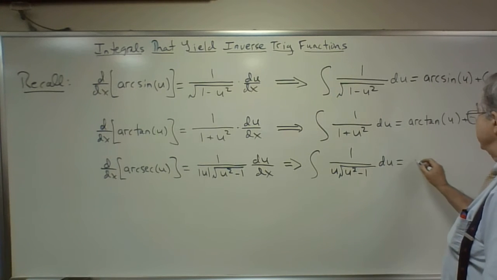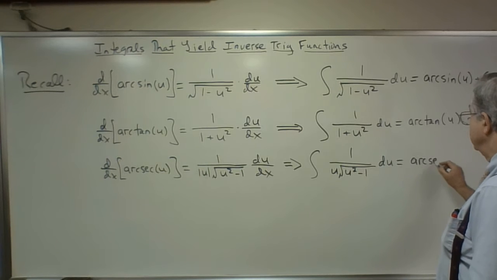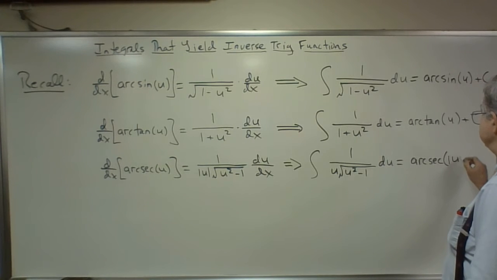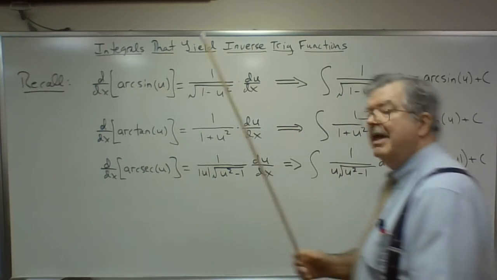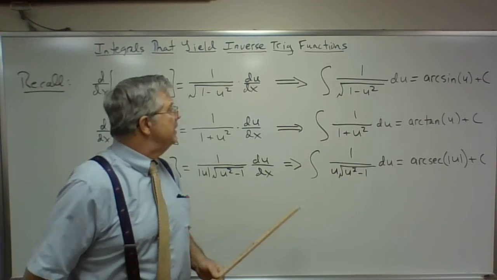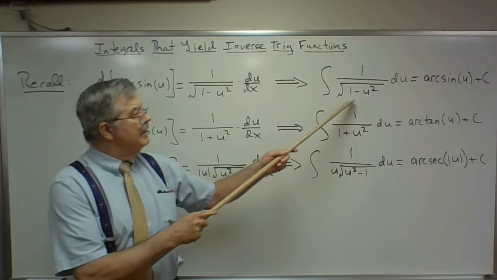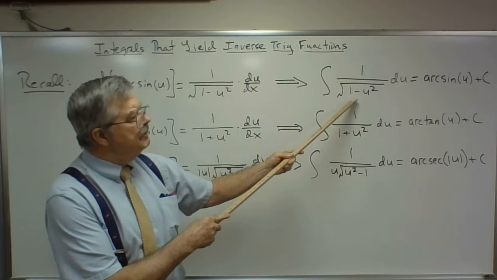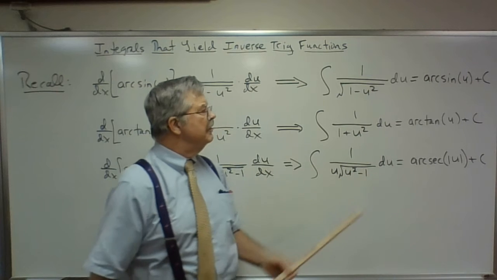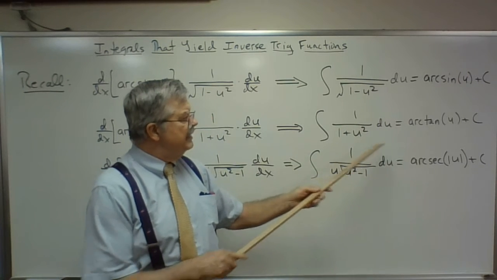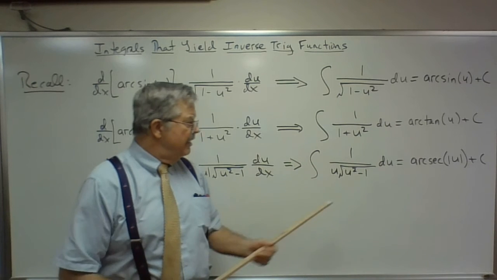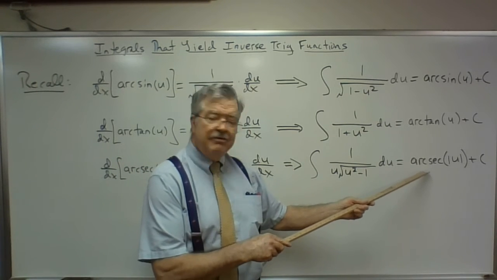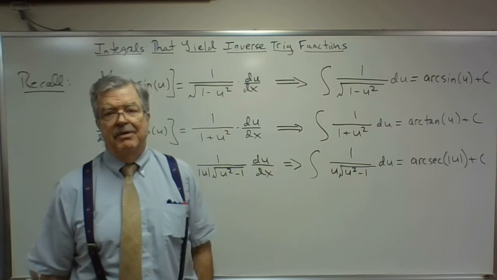And what this turns out to be is the arc secant of the absolute value of u plus c. And everything that we've done here is correct. The antiderivative or integral of this thing is the arc sine of u. The integral of this thing is the arctangent of u. And the integral of this thing is the arc secant of the absolute value of u.